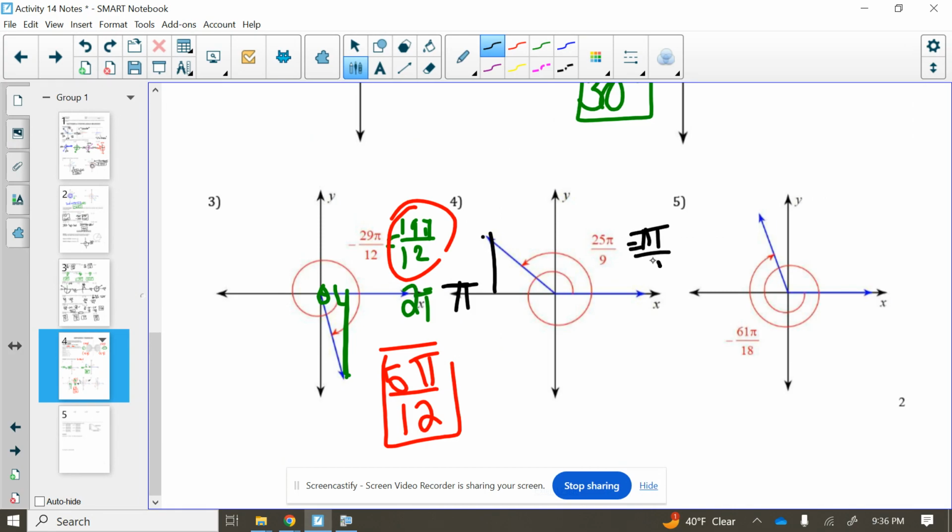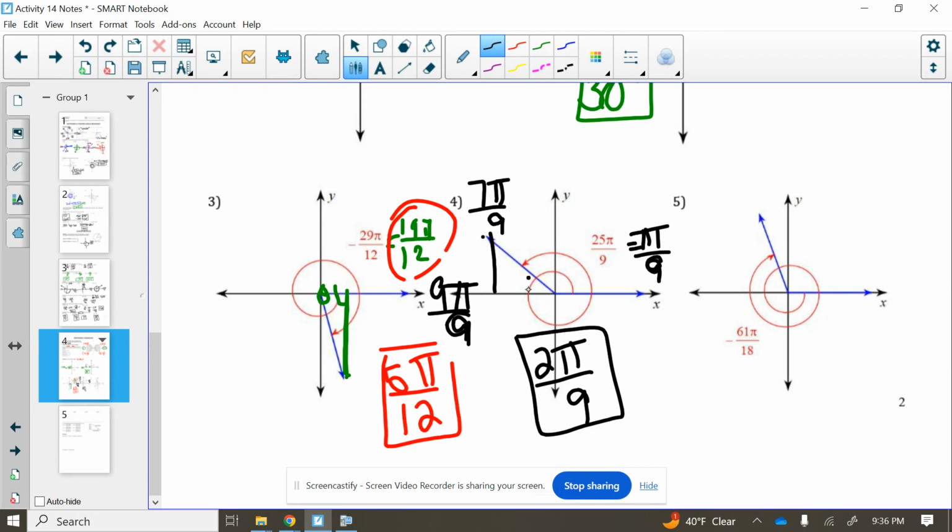And if we are at 1 full pi and our denominator is 9, that's the same thing as saying 9 pi over 9, right? That's still 1 full pi. We just see this denominator value of 9. So 7 pi over 9 and 9 pi over 9 are 2 pi over 9 away from each other. So that's how big this reference angle is going to be, 2 pi over 9.